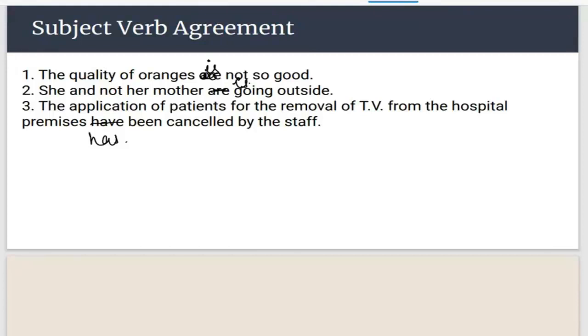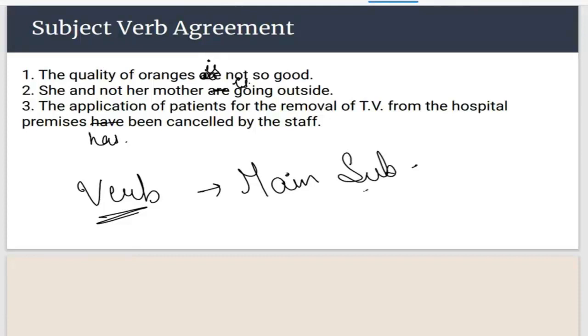The first thing you need to know is that the verb should always agree with the main subject present in the sentence. Now have a look at sentence number 1. The quality of oranges are not so good. Here we are talking about oranges or the quality? Please answer everybody, because without answers class becomes very boring.